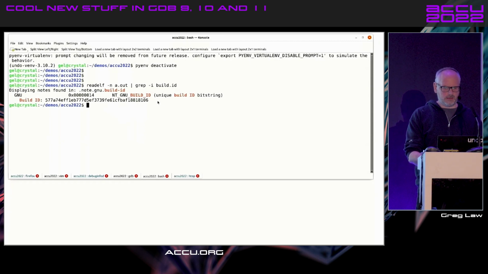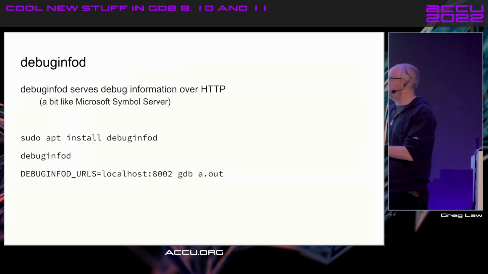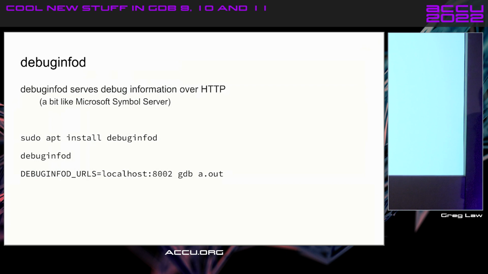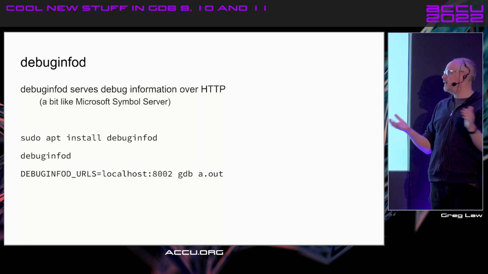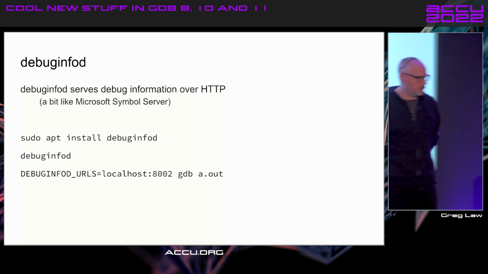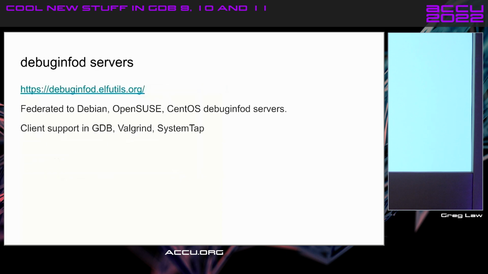So that's pretty cool. If you're familiar with the Microsoft symbol server, it's a similar idea to that. That's been around for a lot longer, but I think this is a little bit simpler. It's quite configurable, but it's also very easy to use. The defaults are sensible.